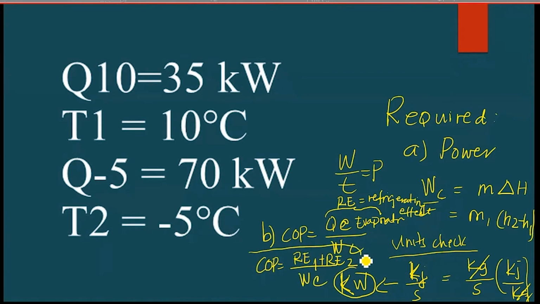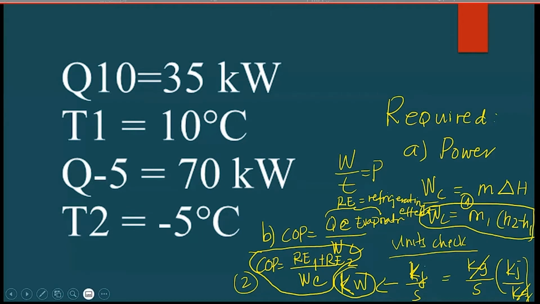So that is our formula. And then the formula for work of compression, or power, is this. So we have these two as our major or principal equations, the mother equations, if we may say that.